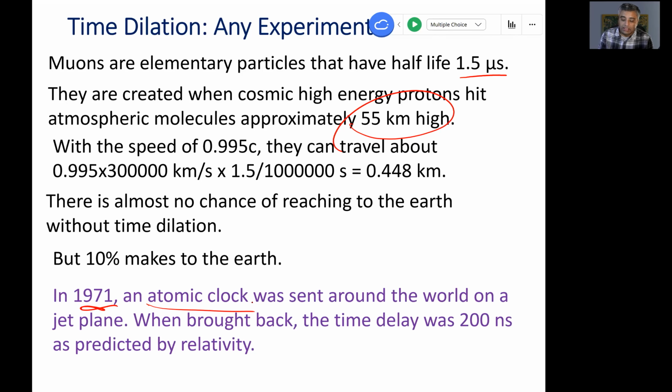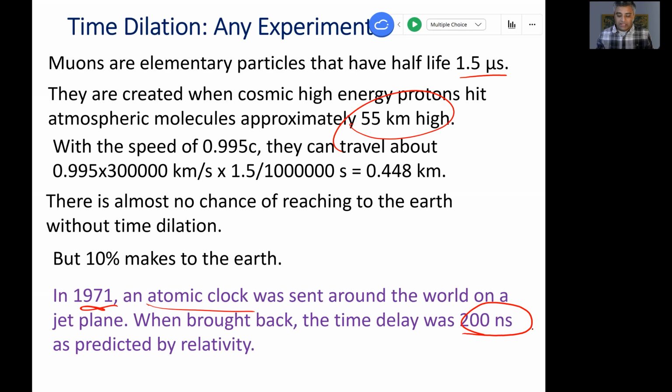That's how it is built, and all our time is linked to atomic clocks. One such atomic clock is in Boulder, at the National Institute of Standards and Technology, NIST. And that clock showed a difference in time of 200 nanoseconds.